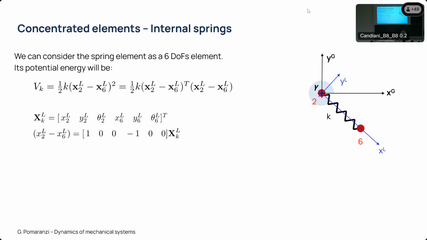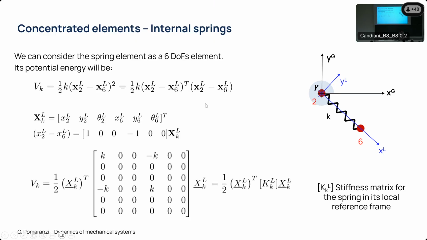By creating a vector which contains the various movements of that specific element in local coordinates, we can rewrite the potential energy of that specific spring element in its local coordinates.